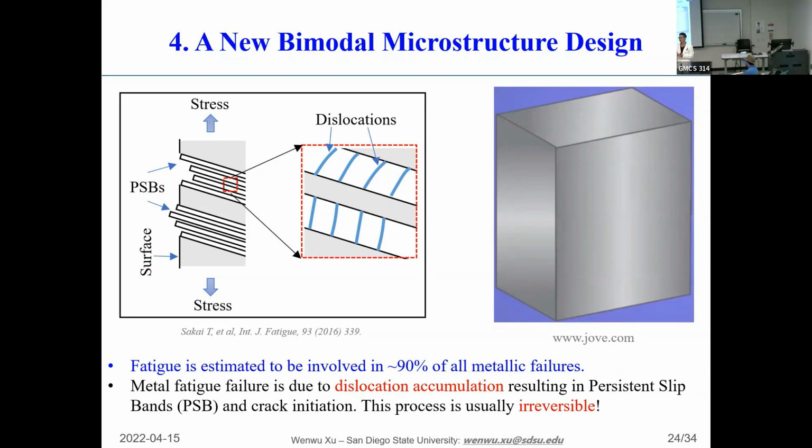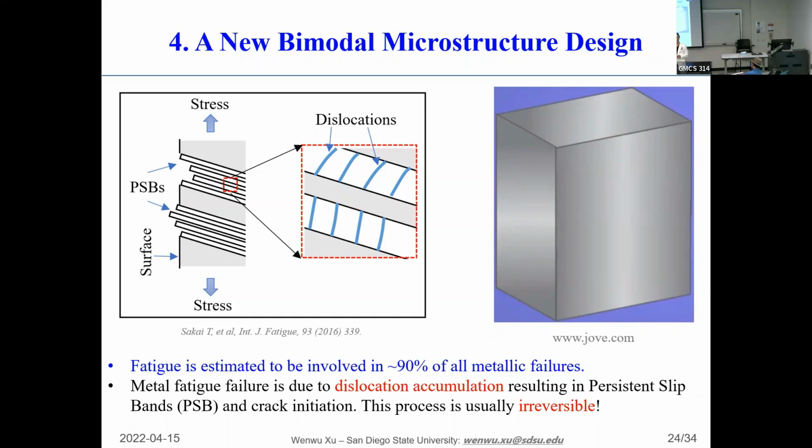You can imagine lots of dislocations generated, and then they move towards the grain boundary and accumulate over there, and eventually those regions become very high stress regions. Later, they become stress concentrations and the nucleation of failure sites. And the other thing is, this kind of process is usually irreversible. That's why fatigue failure is unavoidable in most cases.